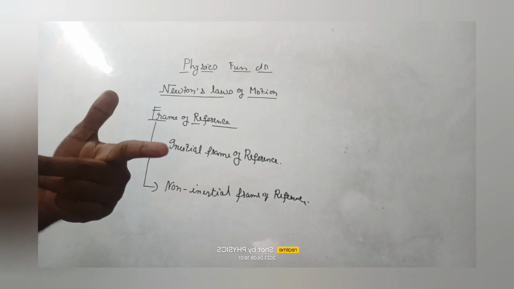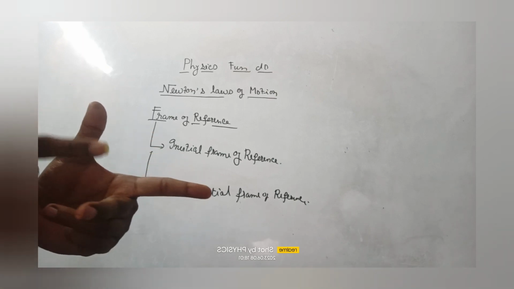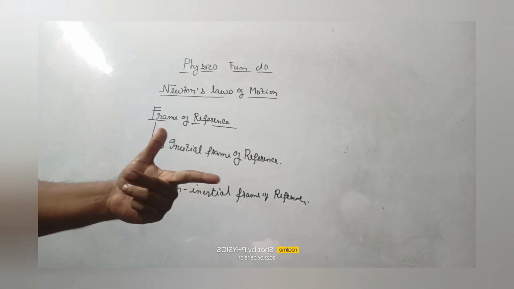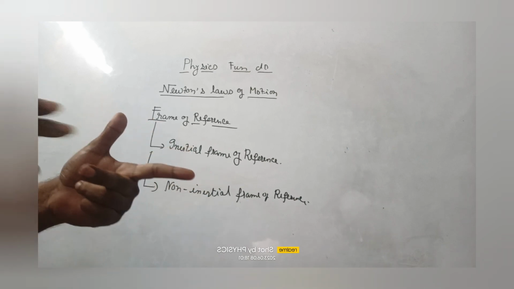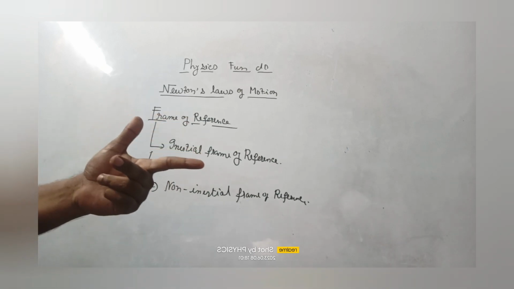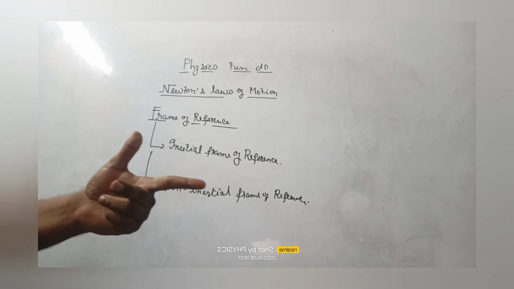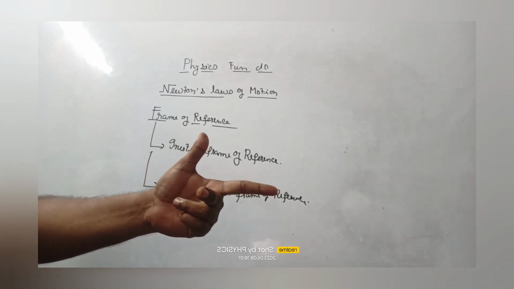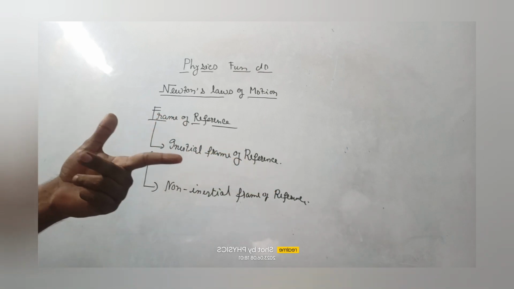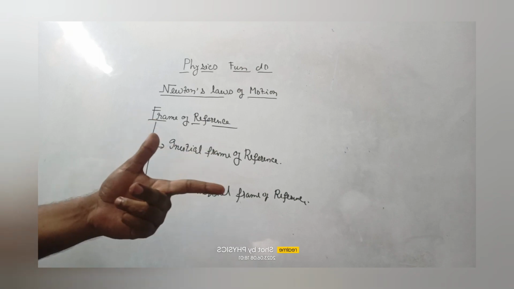Let us consider these three fingers perpendicularly extended to each other. Let us consider this frame of reference as x, y and z. It is at a constant position, or moving with uniform velocity. If it is moving with uniform velocity, there is no acceleration.